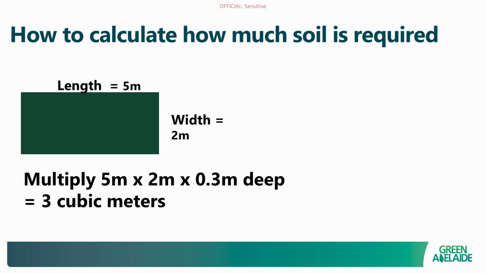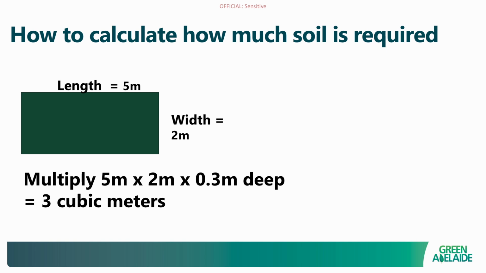If you did need to bring in additional soil to your project site, or potentially, if you were going to use mulch, you of course need to work out how much of it you need. Now on the screen is a simple calculation, the length, the width by the depth of your mulch or soil, and that'll give you the cubic meters of how much you actually need.